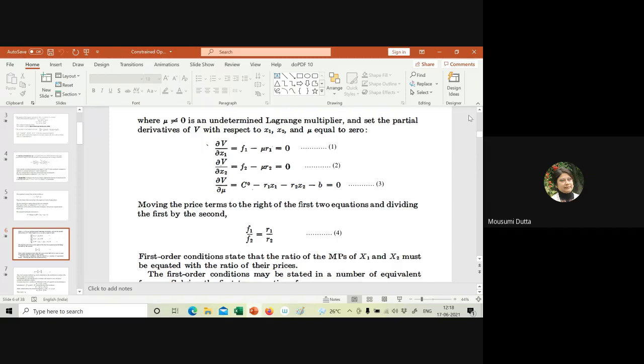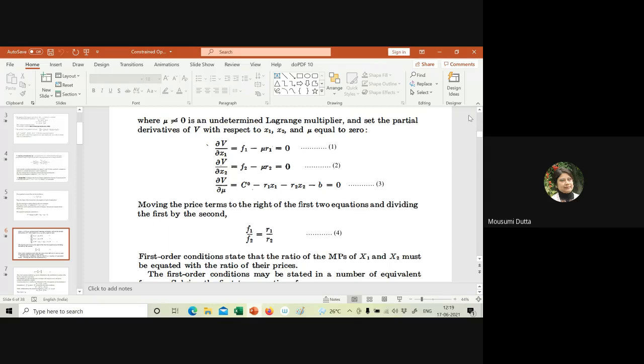Okay, so mu is the Lagrange multiplier. You know all these things. So I'm considering the first order derivatives, 1, 2, and 3. Dividing 1 by 2, we generate the equation F1 by F2 is equal to R1 by R2.